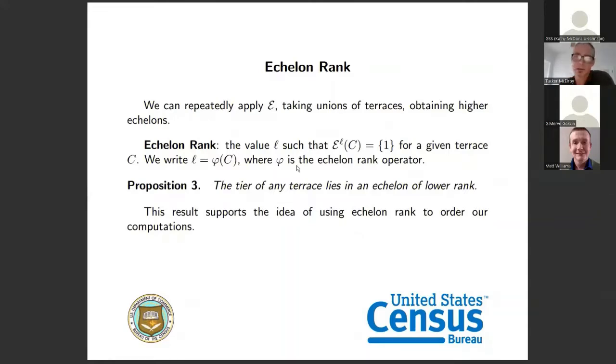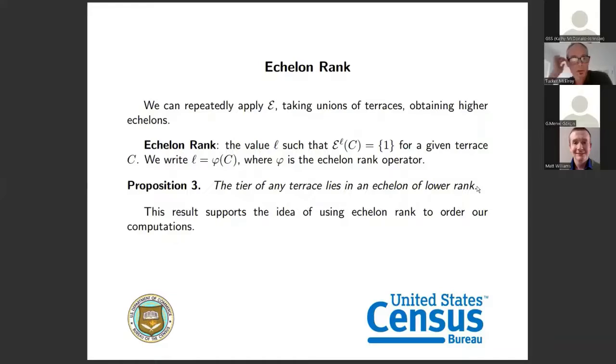Almost done. So the value of L such that as we compute these echelons, eventually they narrow down and you get to the top node with a crust. And I can prove that there's a unique L for any given terrace that gives you this relation. And so that's a well-defined notion of echelon rank.